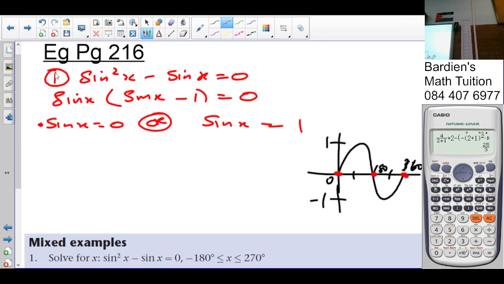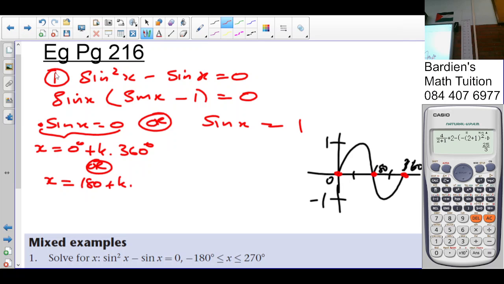So what's my general solution for this branch? x is equal to 0 plus k times 360, or x is equal to 180 plus k times 360. Do you see that, people? Is there anybody that's confused?